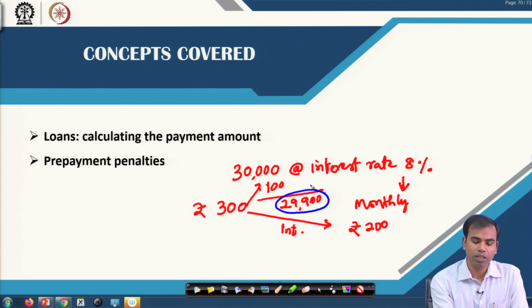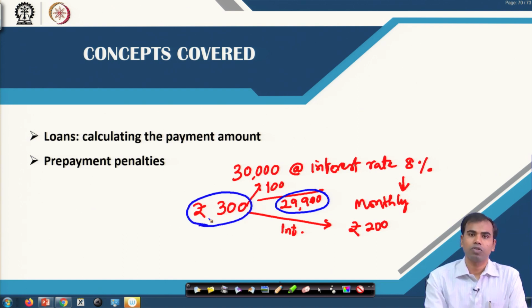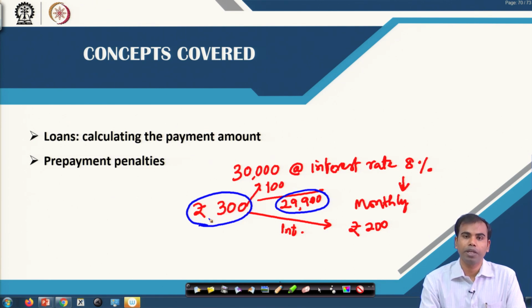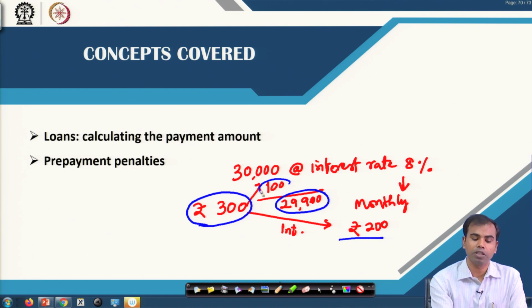Now, the question here comes as how do we determine this 300 rupees to be paid that comprises of interest and principal repayment.